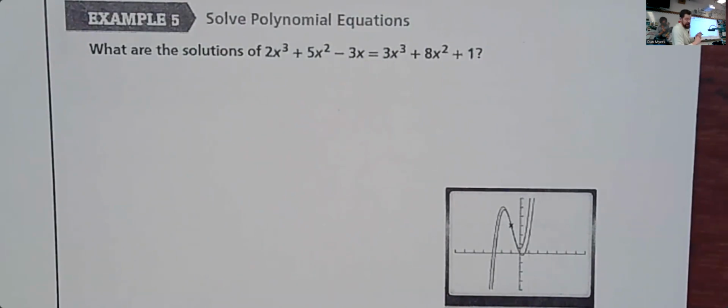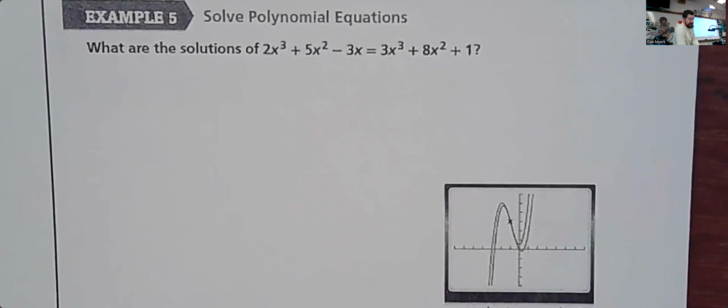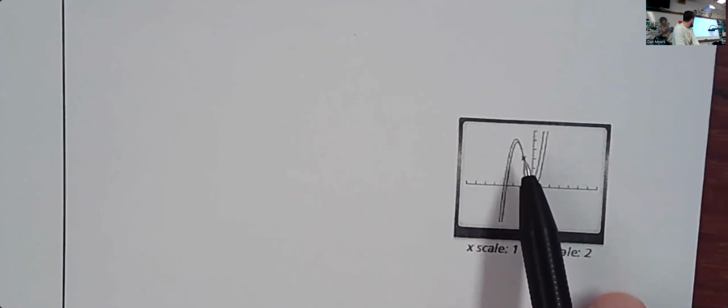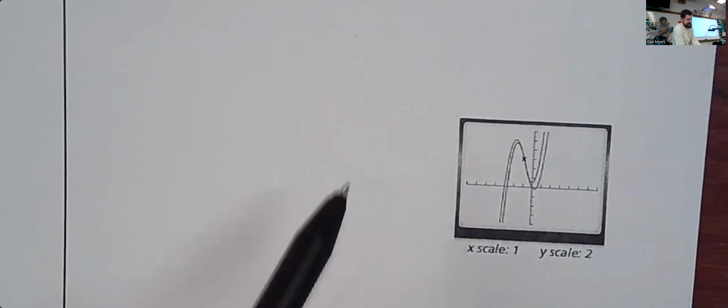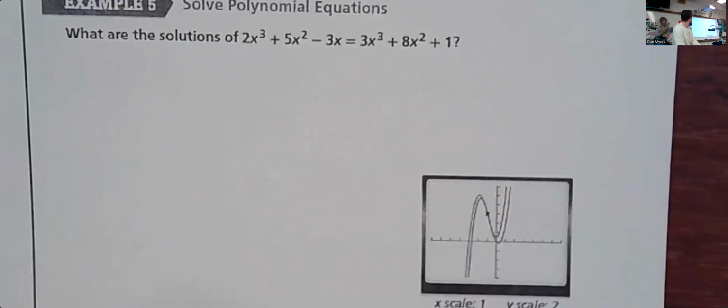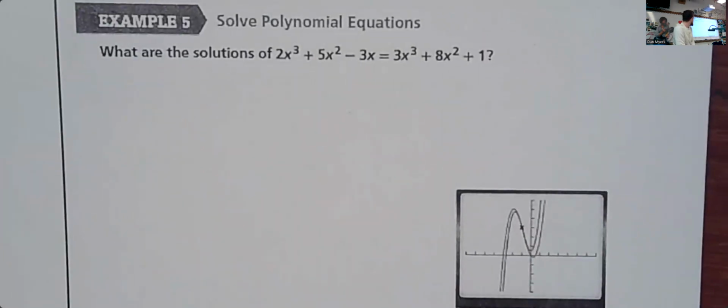Because what we have here are 2 separate functions. If you look at the graph, we've got 2 separate functions on the same graph, and it shows right here the intersection point is at that point there. We don't know exactly what that is because it looks like maybe it's -1, 3, but we're not exactly sure. So right here, we're trying to figure out the solutions to this equation.